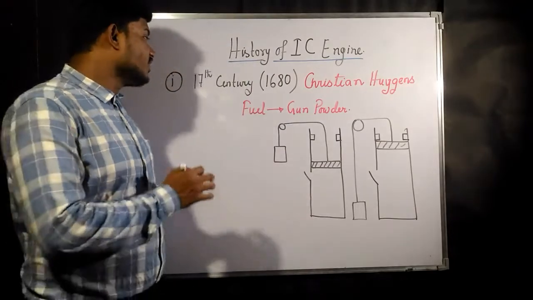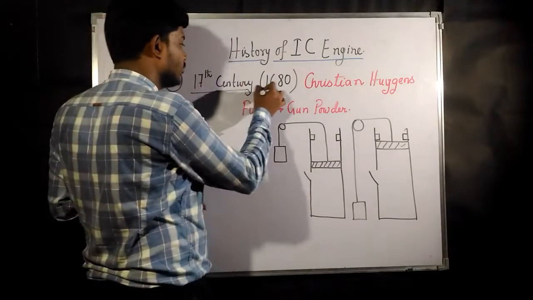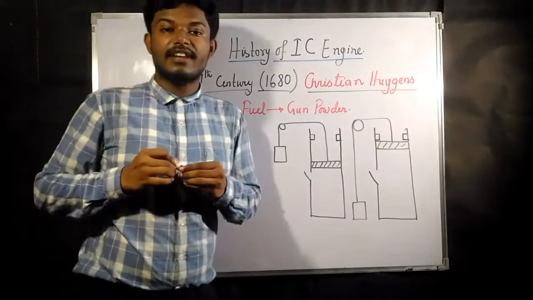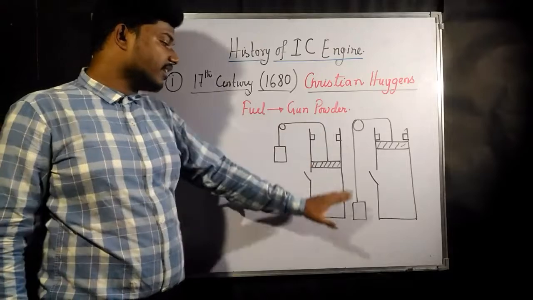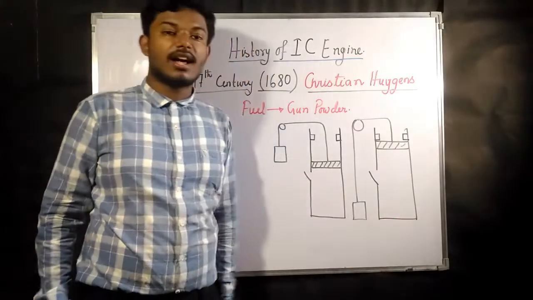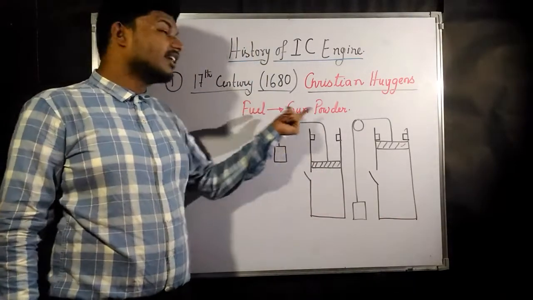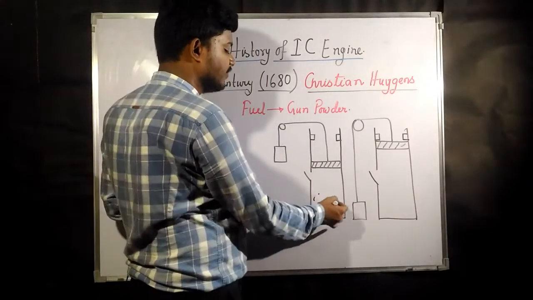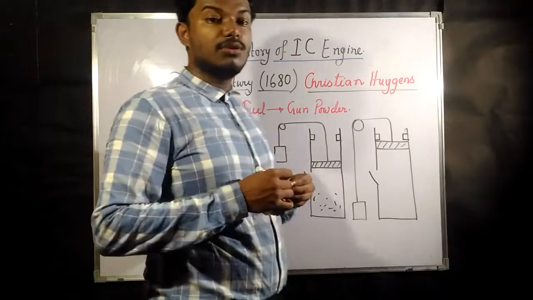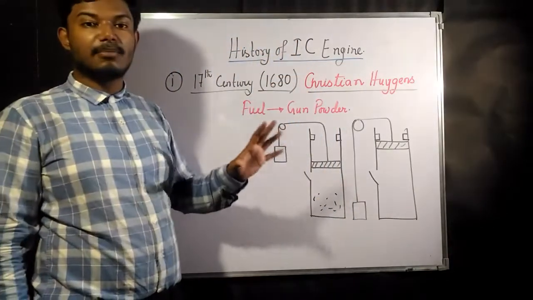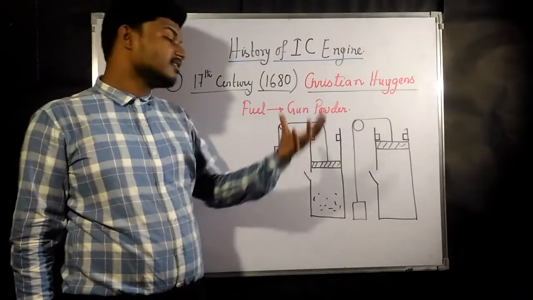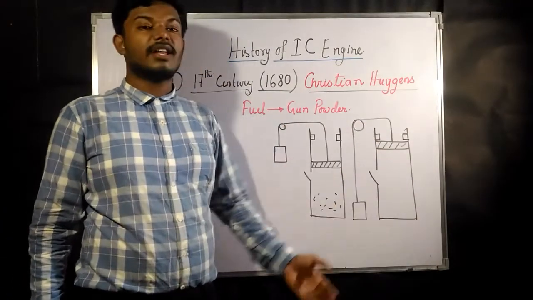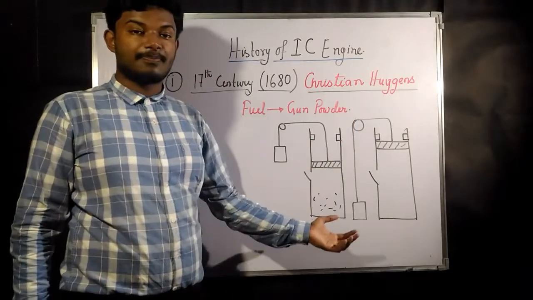At first, in the 17th century, at 1680, Christian Huygens gave us a machine which used to run on a fuel called gunpowder. He used to ignite that gunpowder, and due to its expansion the piston used to come out and give us work.